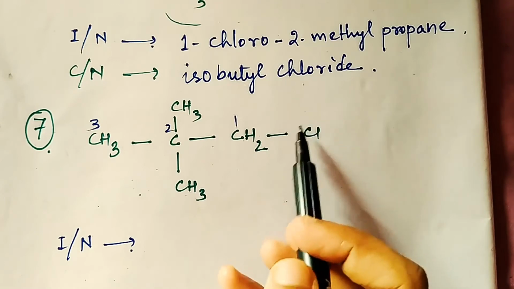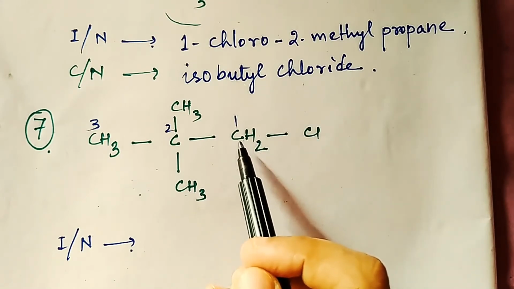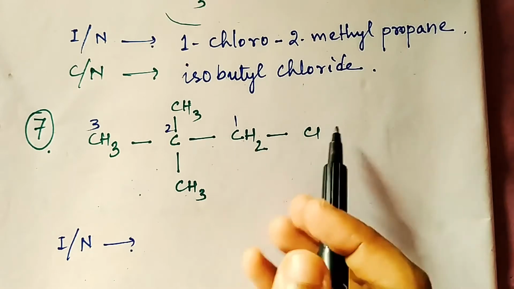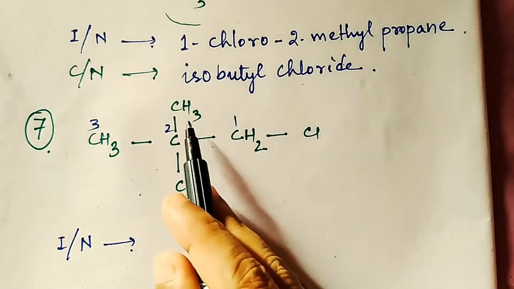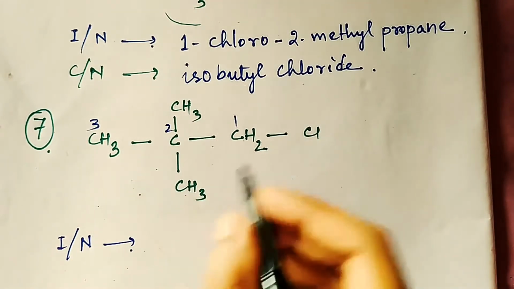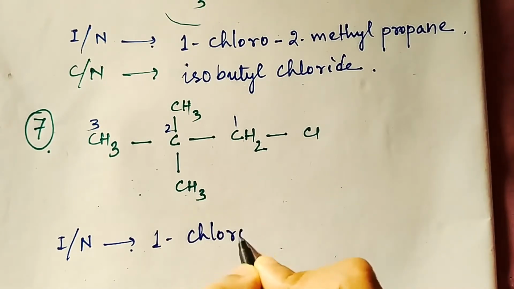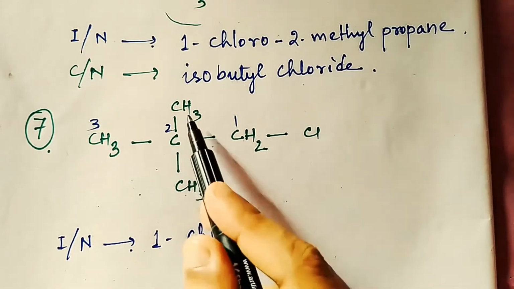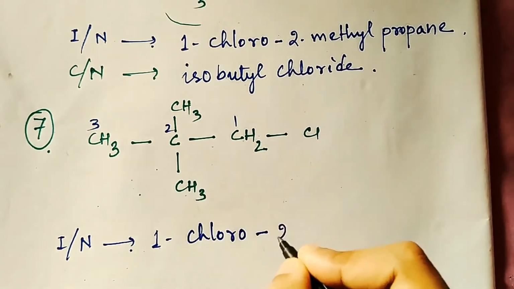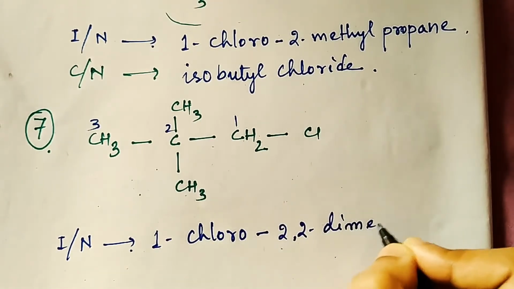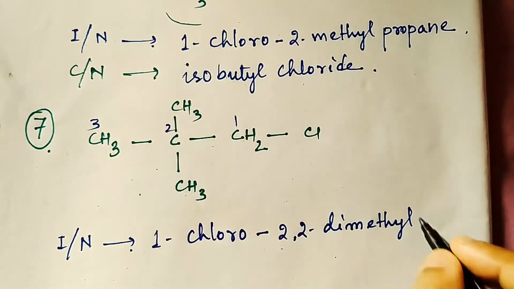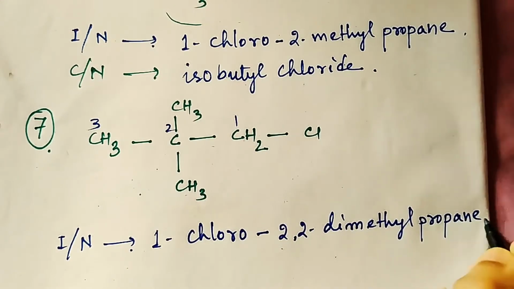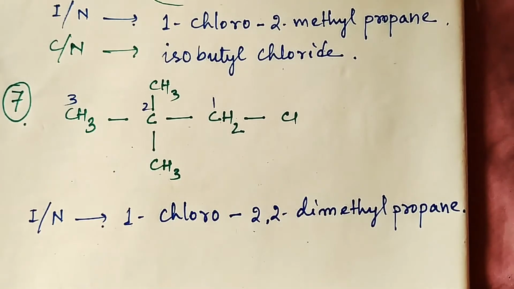And on the first carbon atom, halogen is present, that is chlorine. It is chloro, this is methyl, so alphabetically chloro will come first. So 1 chloro, then 2,2-dimethyl, because of two groups it is di. 2,2-dimethyl. Then in the main chain 3 carbon atoms, so propane. Okay, 1 chloro, 2,2-dimethyl, propane.